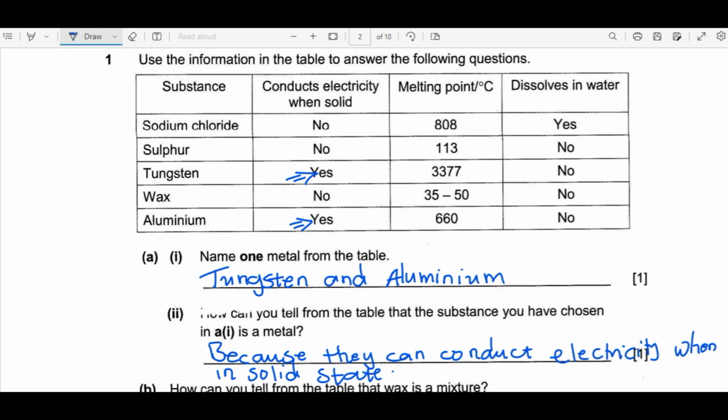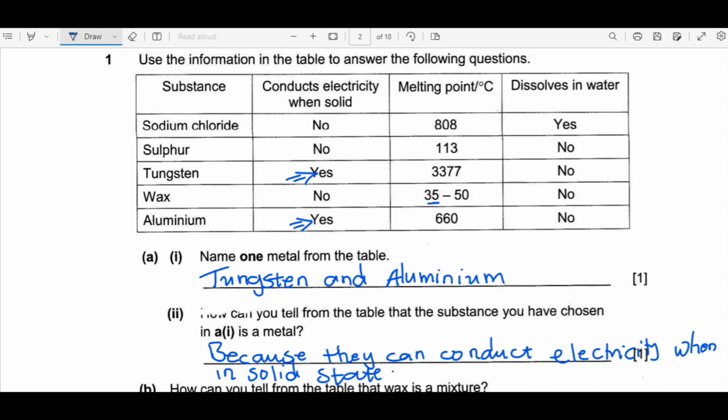We have been given the range of the melting point for the substances that form this mixture, and the melting point starts from 35 up to 50. The difference in melting point has to do with a mixture. We know that a pure substance, or a compound, as long as it's just that one compound, must have only one melting point.